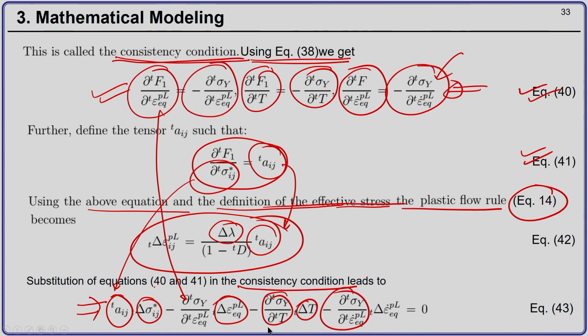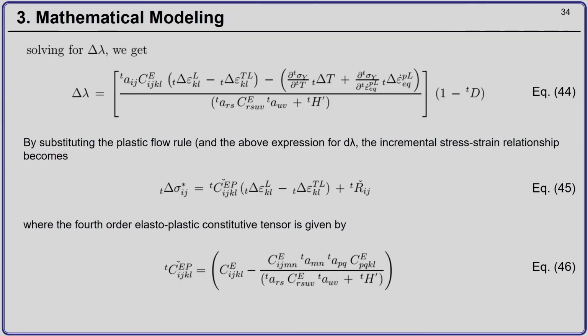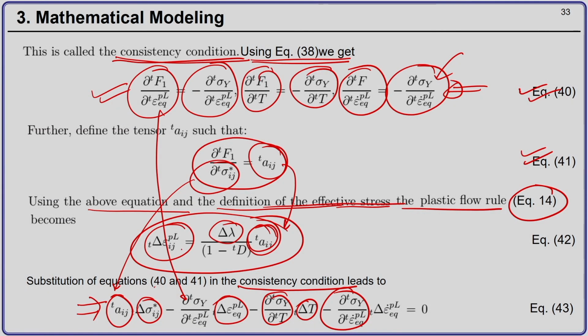With this, I can now substitute delta epsilon plastic ij and solve. So, I can use this expression over here and put it here, and then I can compute delta lambda.